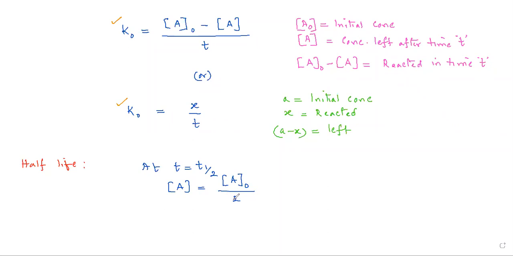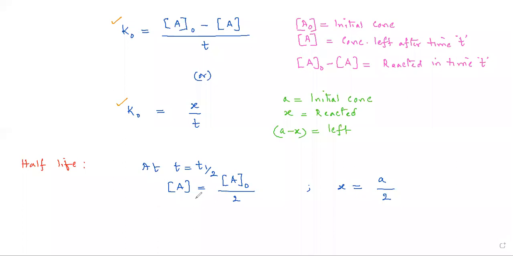The amount left will be, of course, half of what we started with, or half of the initial amount. Of course, the same can be given in other terms: reacted is equal to A by 2, that is, x is equal to initial by 2.